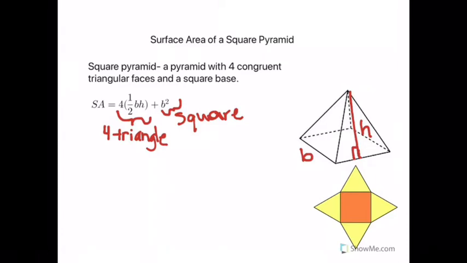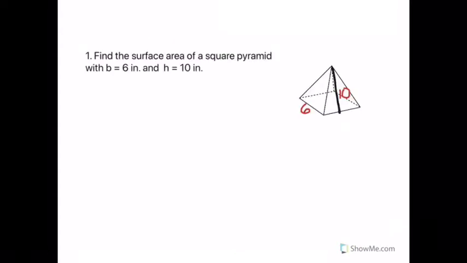So let's try a practice problem. Number 1, find the surface area of a square pyramid with base of 6 inches and a slant height of 10 inches. So to do this, first always show the formula that you're going to be using to solve the problem.